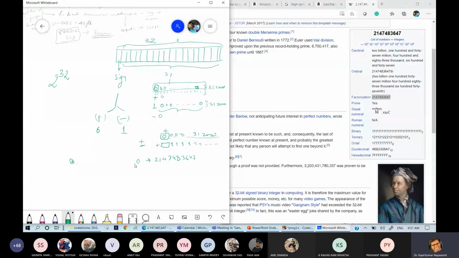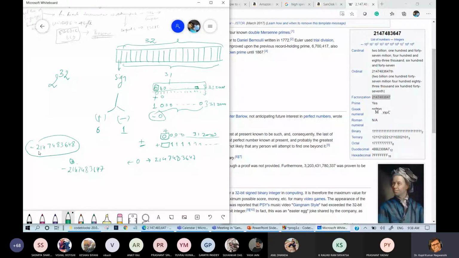So the last negative number you get is 2147483647, and one more negative number comes because of this extra, so I can write this number as -2147483648. This is our last number.